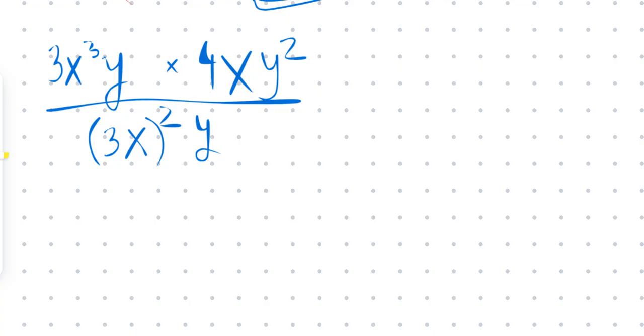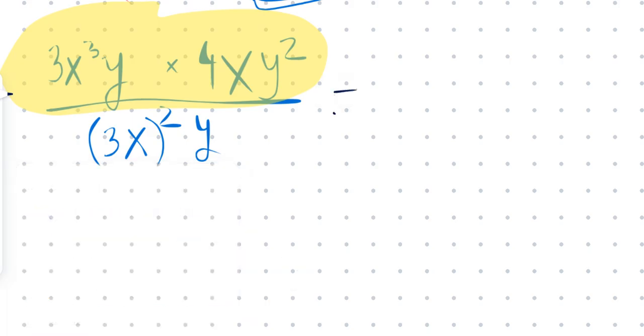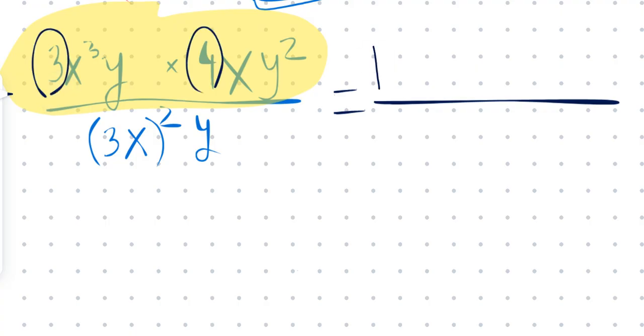We know that our priority is to simplify the numerator first, which means we need to multiply them first. So we said number by number, 3 times 4, which is equal to 12. Then we have x cubed by x, which is x to the power of 4.